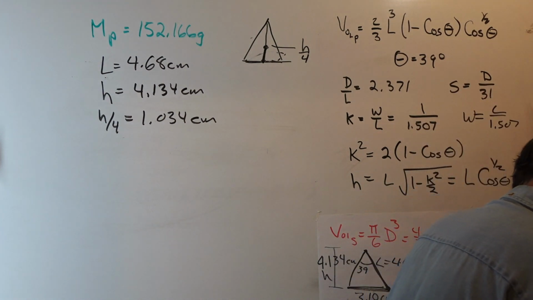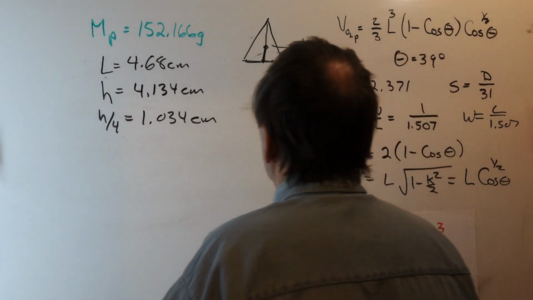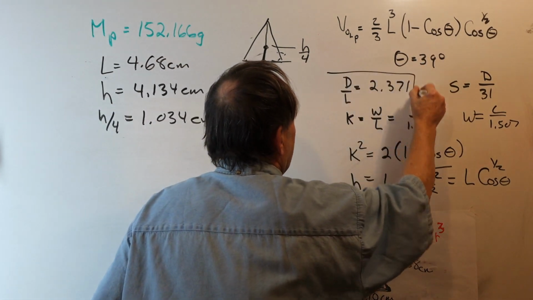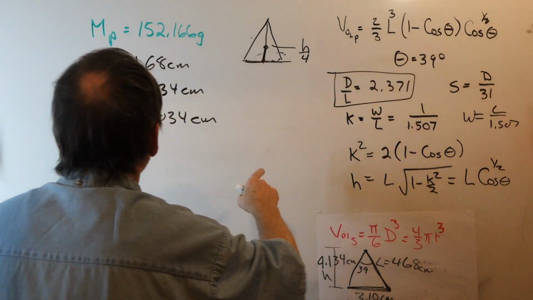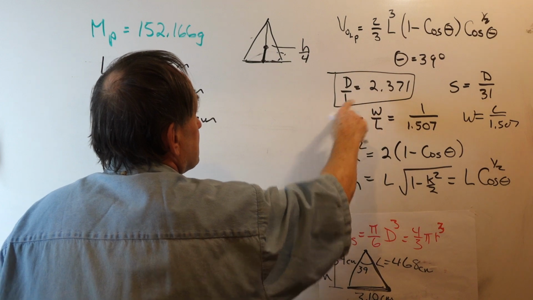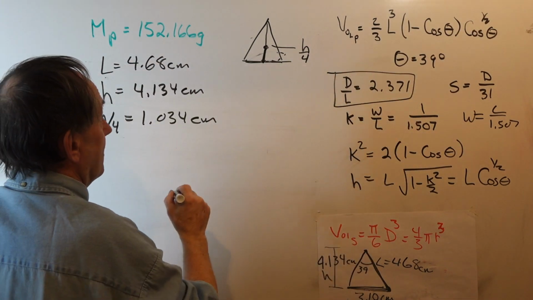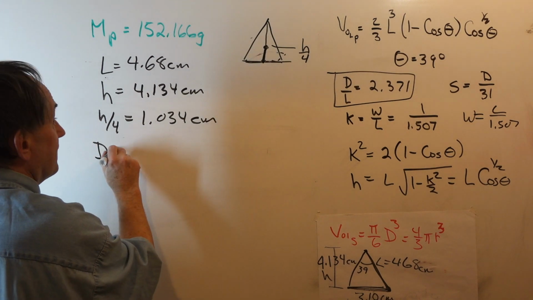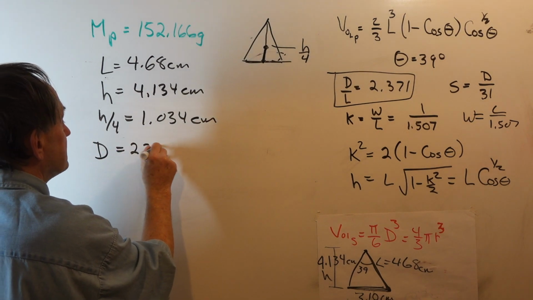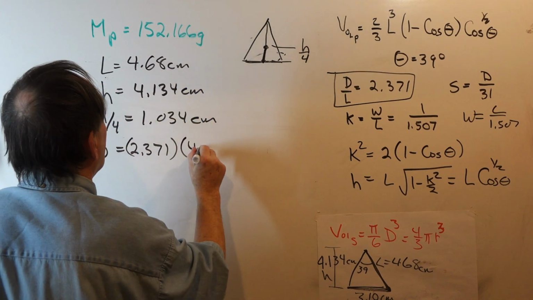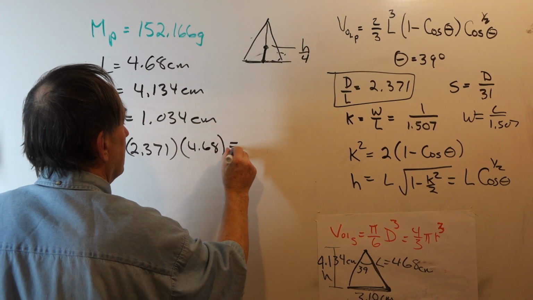Now, from this, we can now get our sphere dimensions. Remember that the sphere diameter is related to L. We know L. So D is just 2.371 times L. So the sphere diameter is 2.371 times L, which is 4.68.